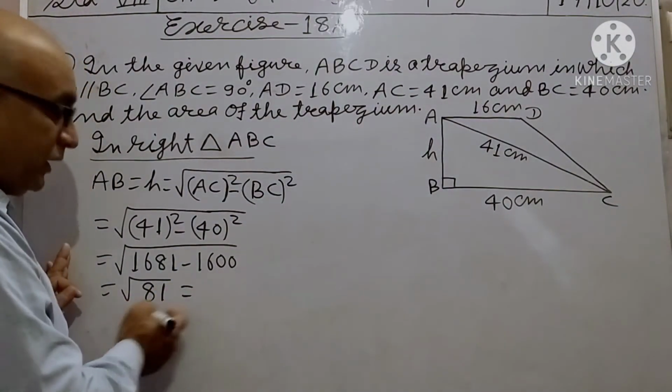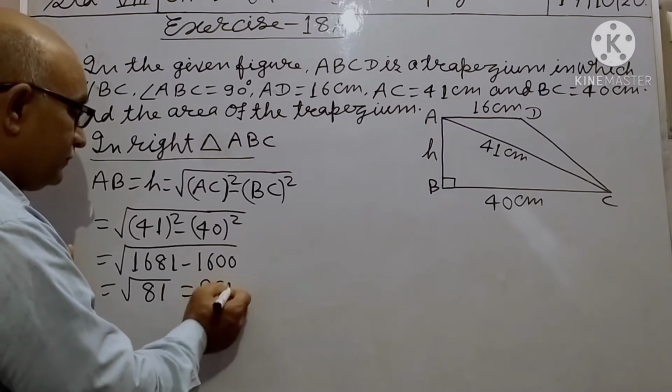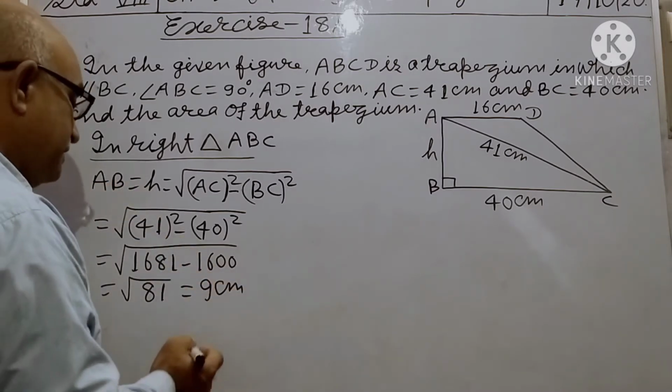The square root of 81 is 9 cm. So height h is 9 cm.